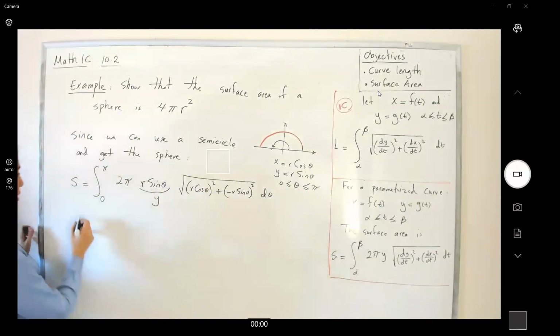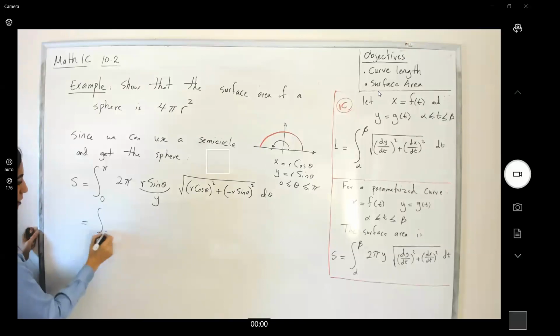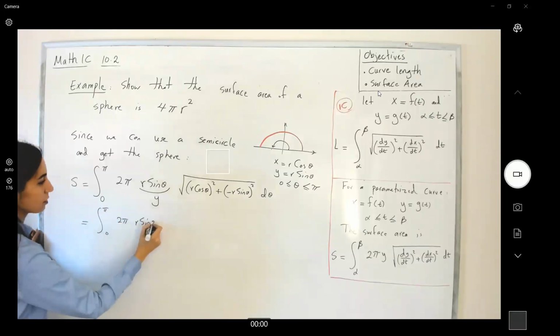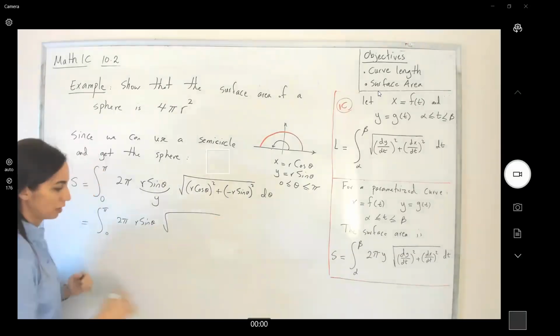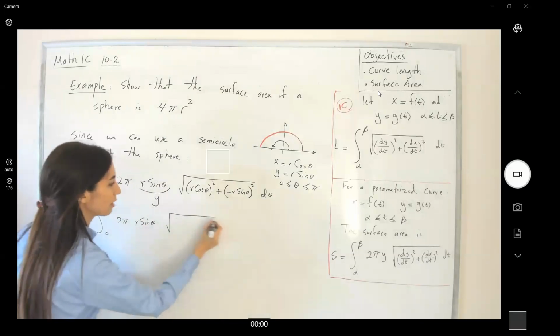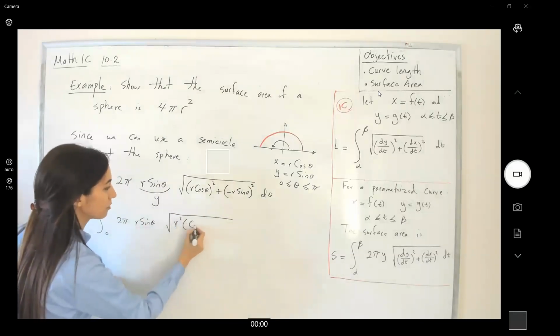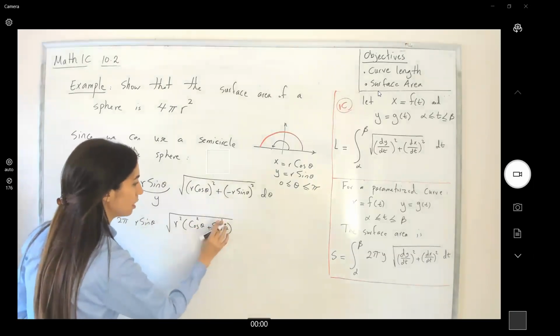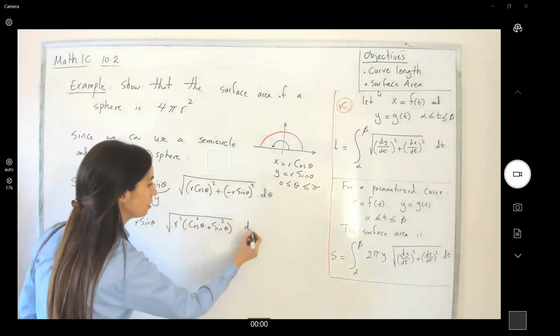Well, simplify this before taking the integral. 0 to pi, 2 pi r sine theta square root of r squared, where you can factor out your r squared, cosine squared theta plus sine squared theta, and here you have d theta.